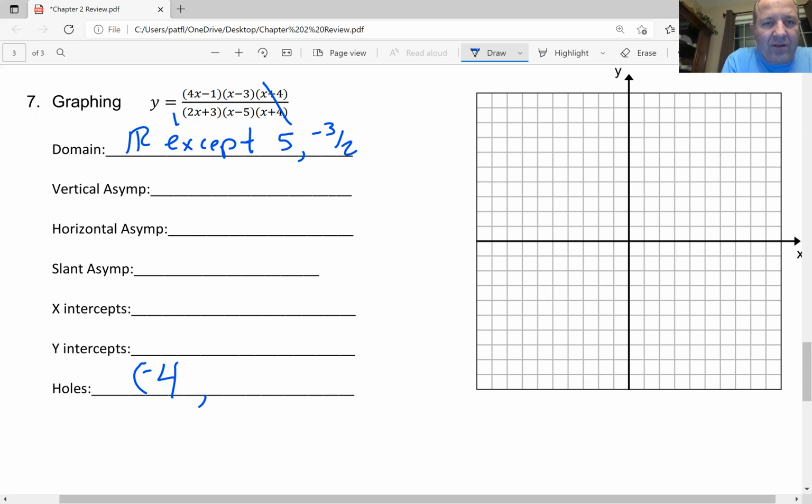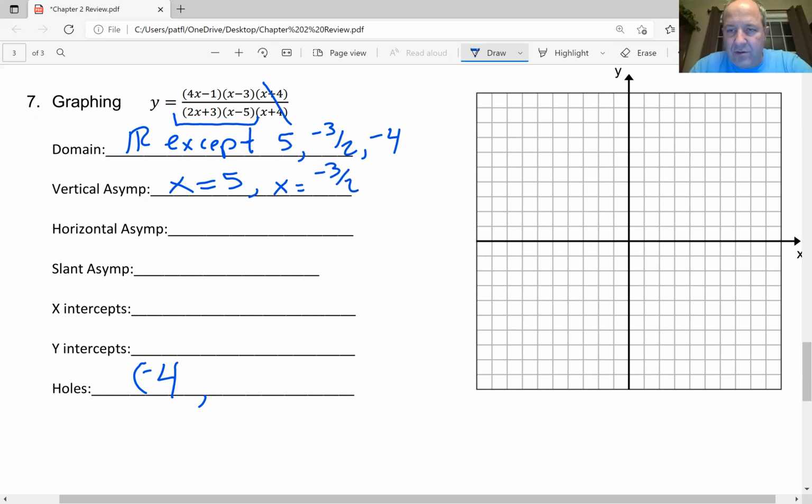Because that's when the denominator is 0. Also, we can't equal -4, right? Because we've got a hole there. Vertical asymptotes are the same. And I guess I should go ahead and put those in. And -1.5, right?